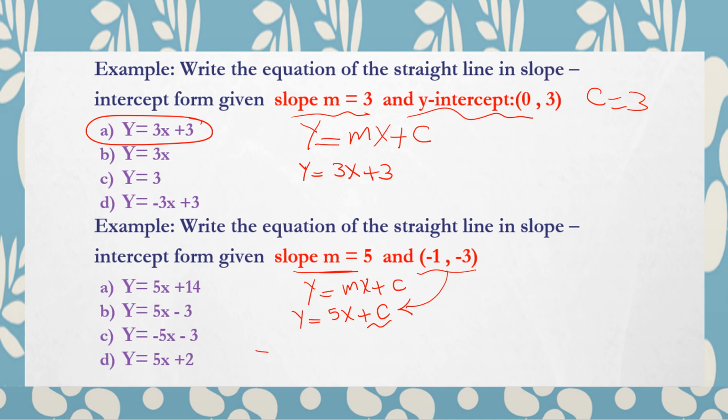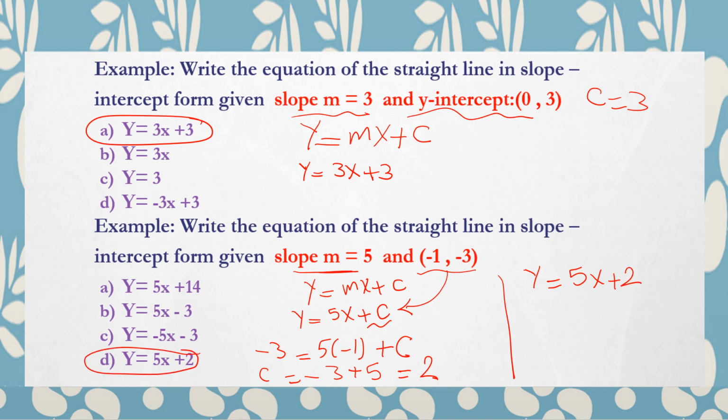So -3 equals 5 times -1 plus c, so c equals -3 plus 5 equals 2. Then the equation of the straight line would be y equals 5x plus 2, and the correct answer is D.